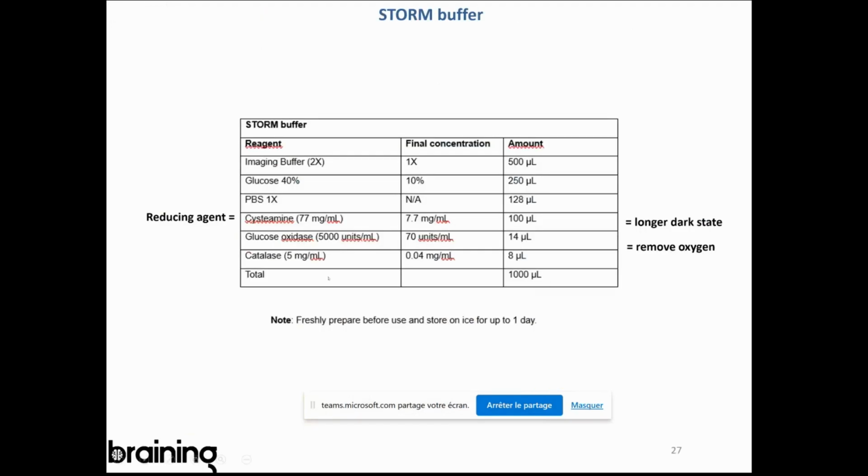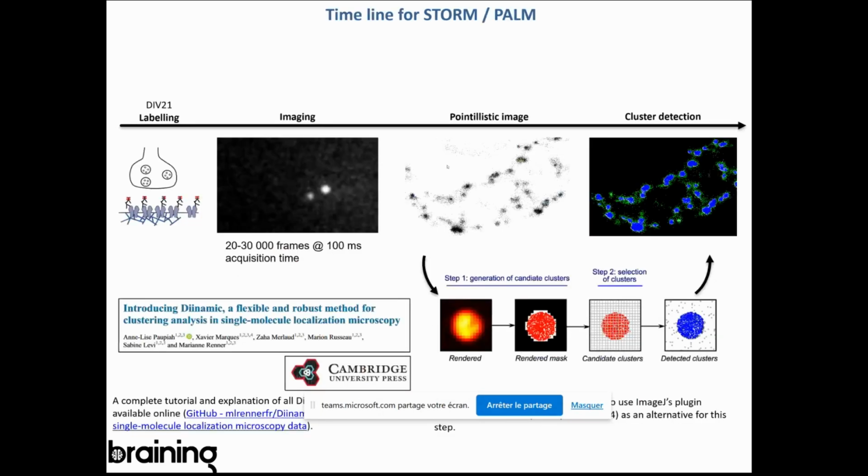So this is a typical buffer that we need to add to our coverslips before imaging to help the fluorescent dyes go into the dark state and to be activatable at one point using the laser.